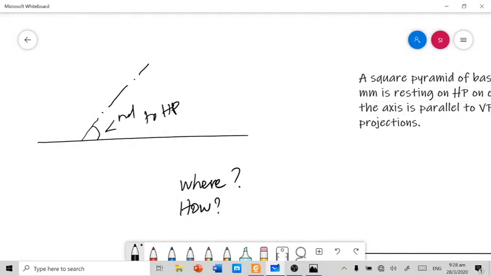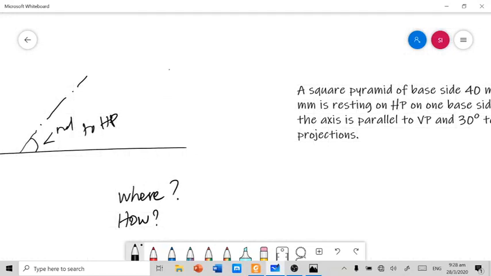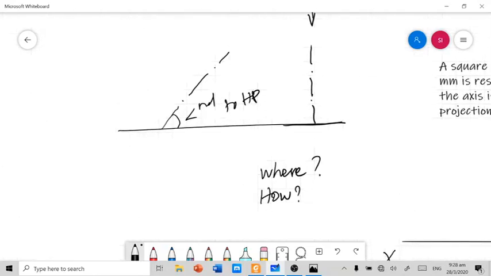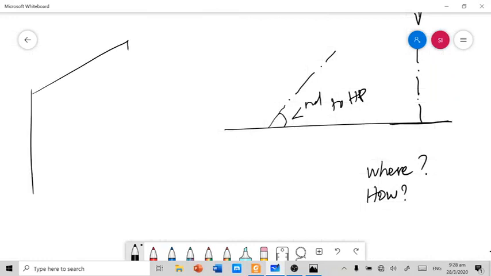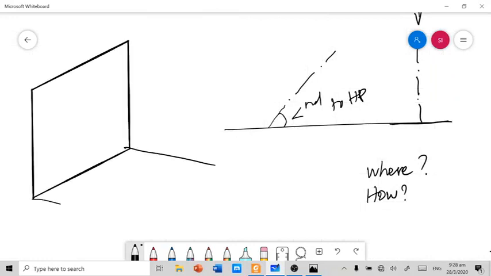So as usual, what you need to do is make the axis perpendicular to HP in order to view the base of the solid from the top view. It is easier to make the axis perpendicular to HP instead of perpendicular to VP, because in this 3D environment the solid is standing like that.